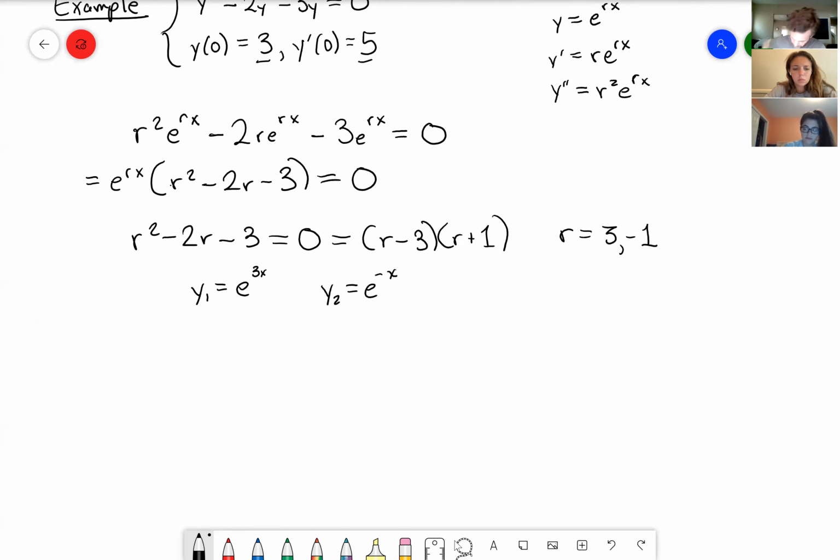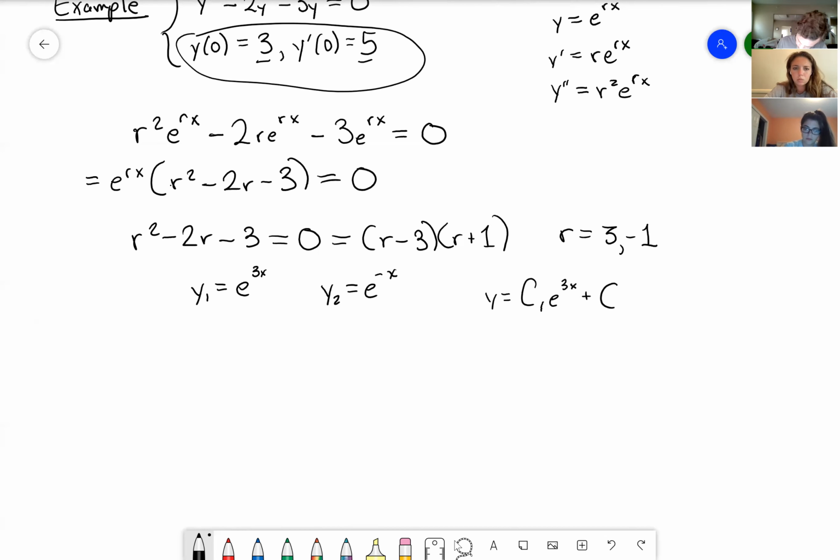Okay, so we've got these two solutions, and we're going to look for our specific solution, the thing that satisfies this initial condition, as C1 times y1 plus C2 times y2.